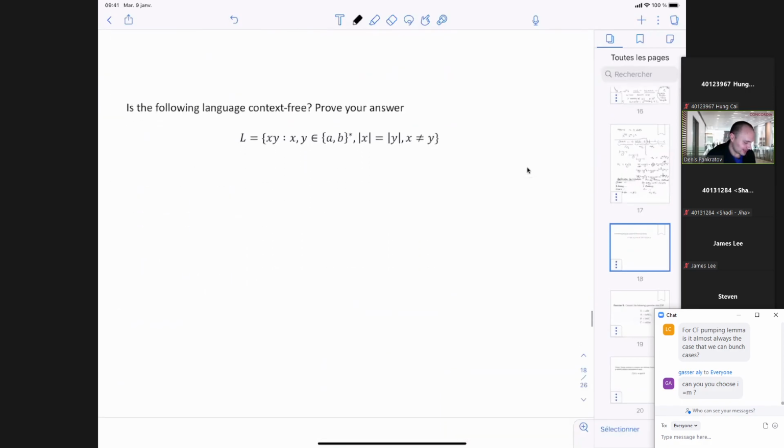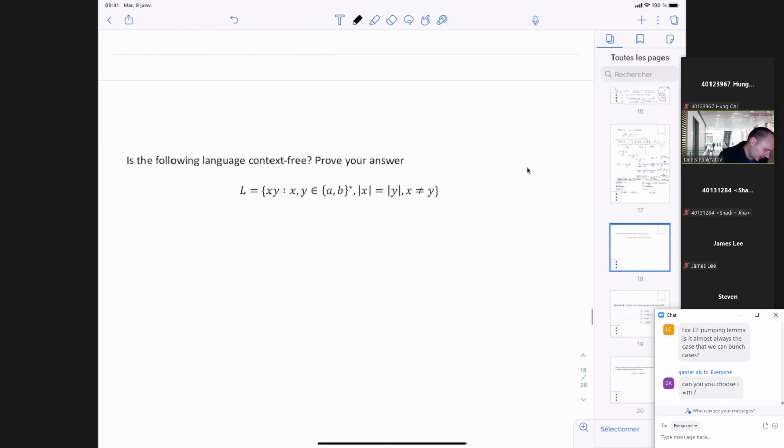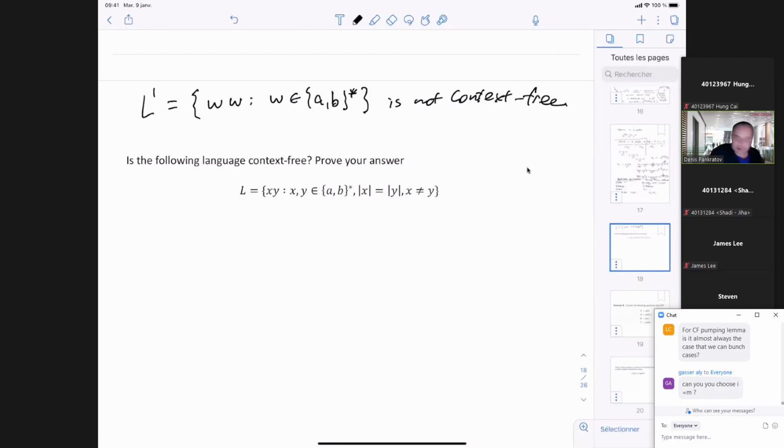Okay, so let's consider the next question, which is quite tricky. Why do I say that this question is tricky? Recall the language L prime, where you have WW, where W belongs to (AB) star. So this language is not context-free. This is one of those classical, prototypical examples of a language that's not context-free.